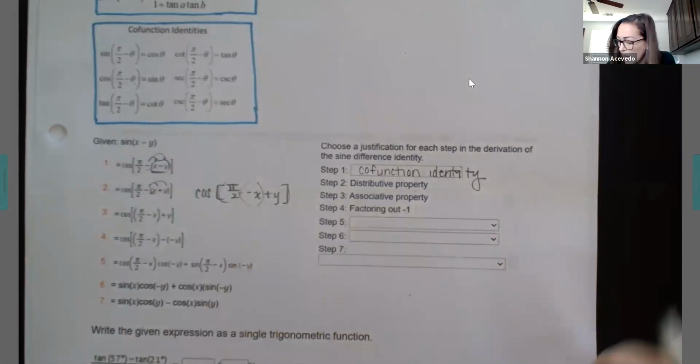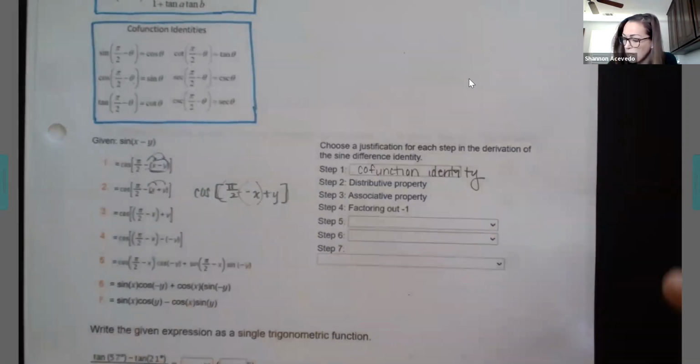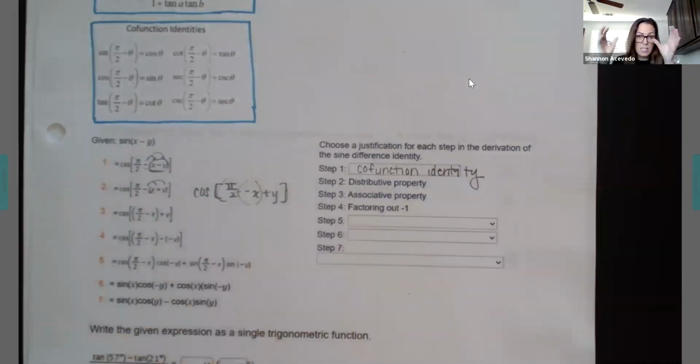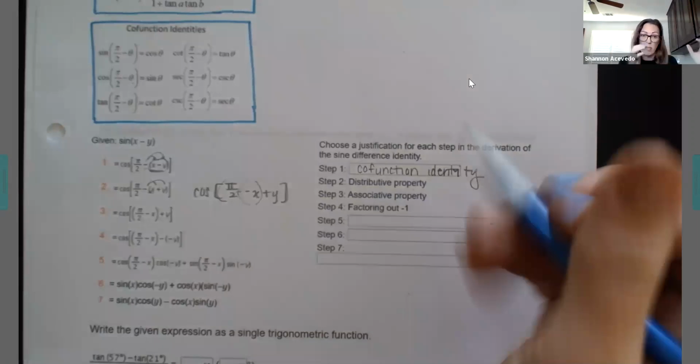As they have it, this is your associative property, which is just regrouping your parentheses. The one you get mixed up with is commutative. Commutative is something like 3 plus 2 equals 2 plus 3, where you're changing the values. Associative is just moving the parentheses.